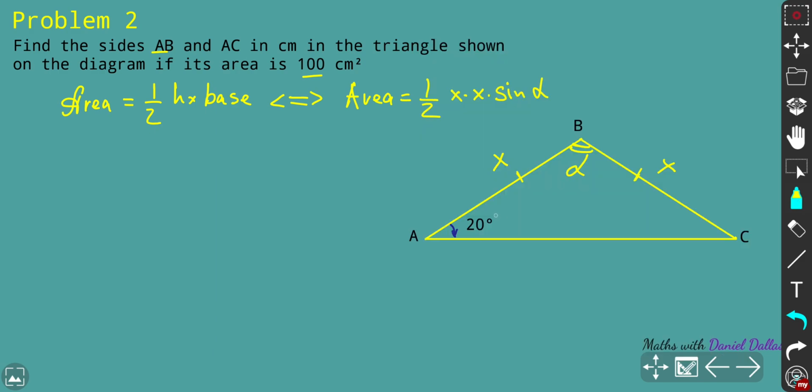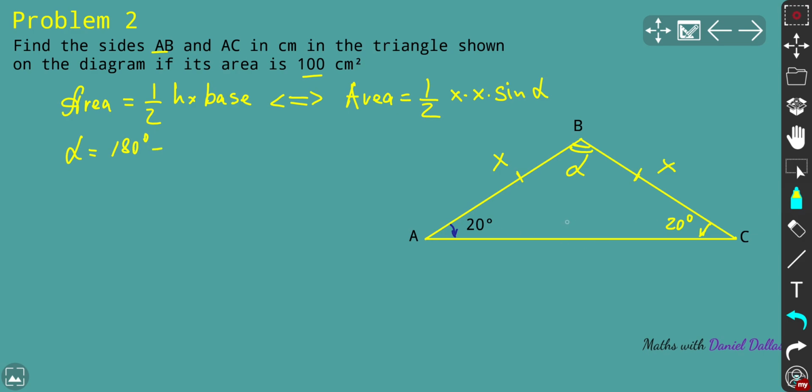This angle is 20 degrees, and the triangle is isosceles, so the angles at the base are the same. So we can express angle alpha as 180 minus the sum of 20 and 20, which is 40.